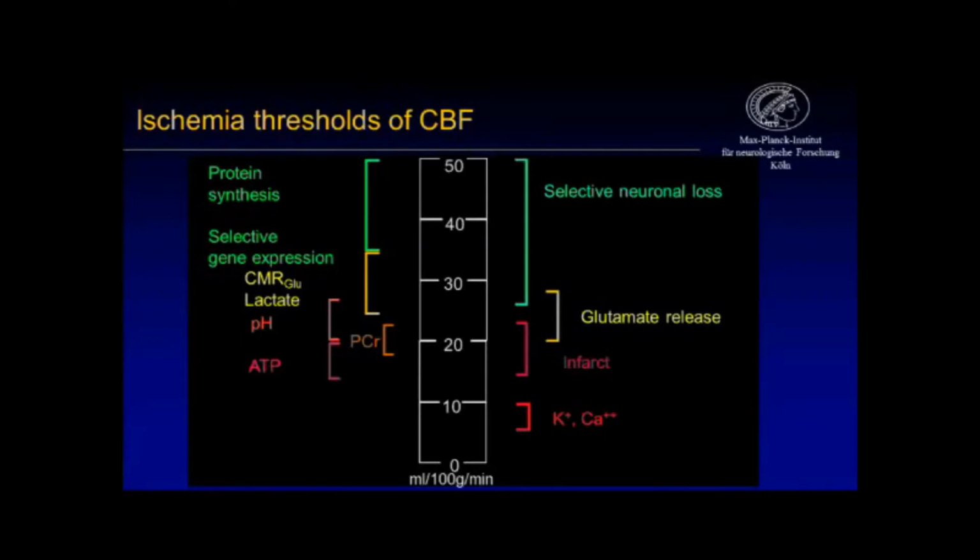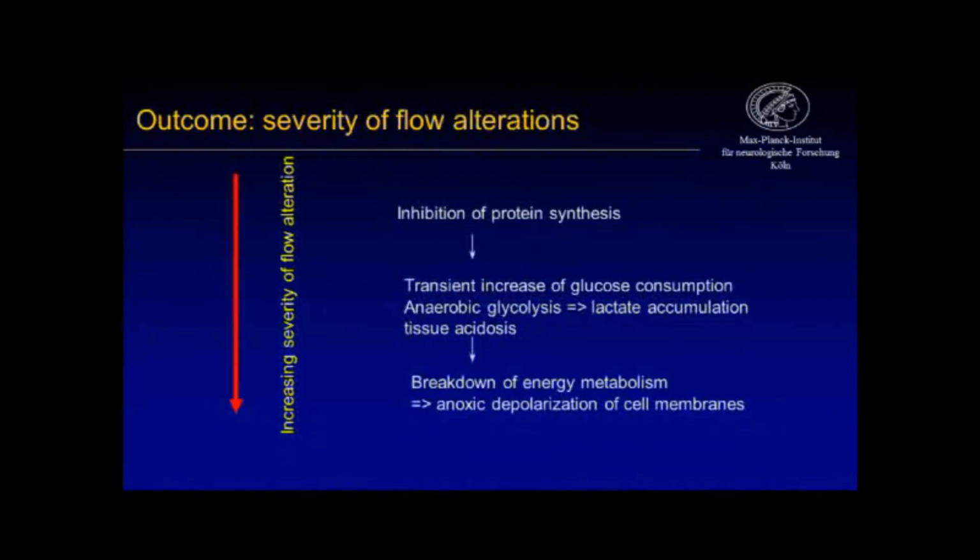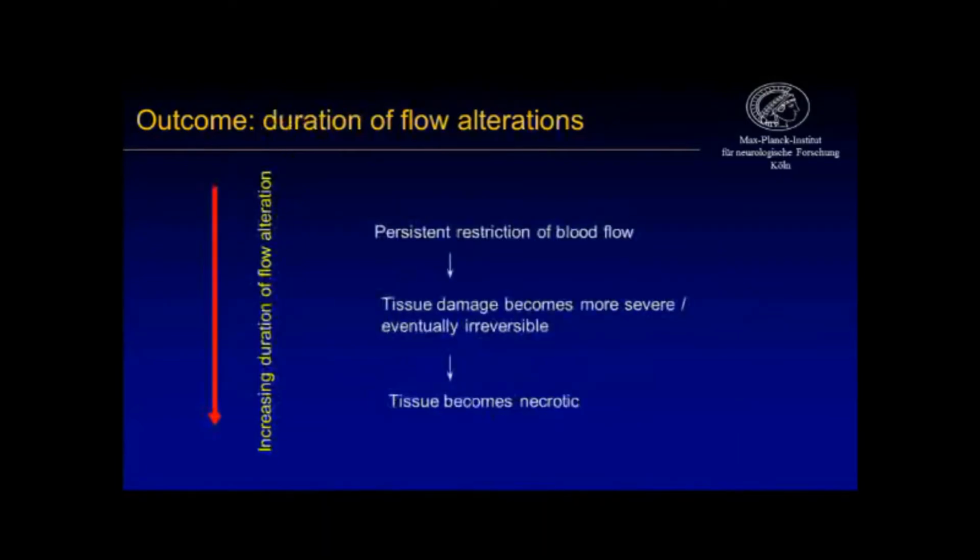So we can describe it depending on how severe the blood flow reduction is, but there's also another factor to be considered, and this is, for example, time. Severity of the flow alterations, I've just mentioned this. We start with protein synthesis, then as we decrease even further, we have anaerobic glycolysis. Lactate is produced, tissue acidosis happens, and then even further, energy metabolism breaks down.